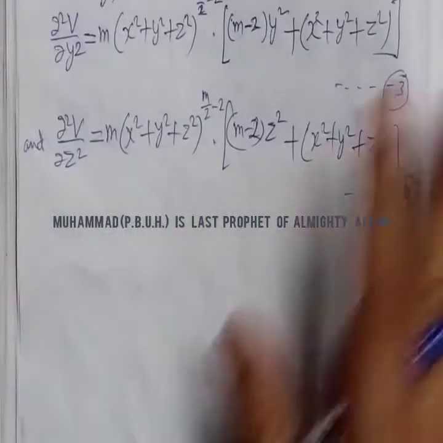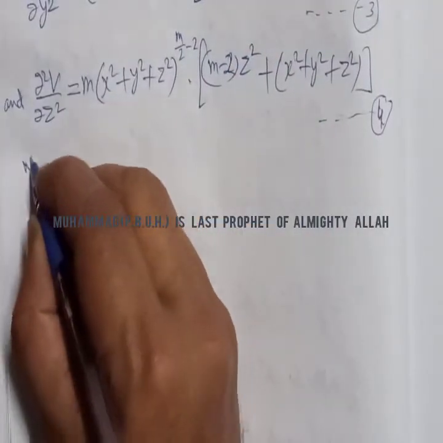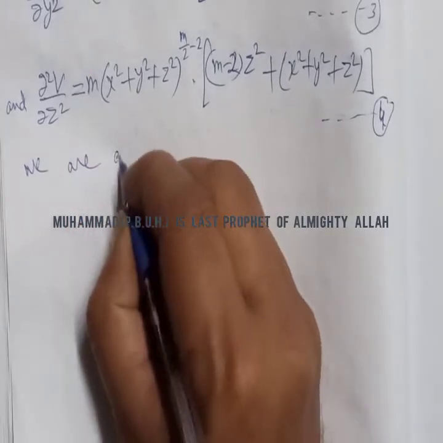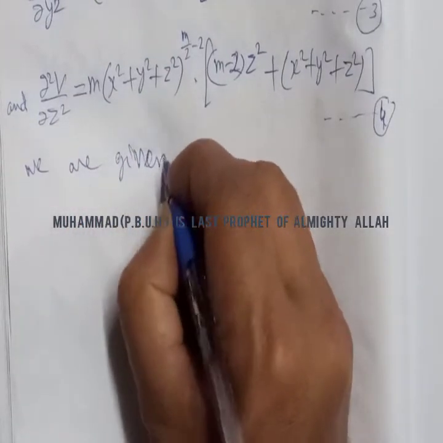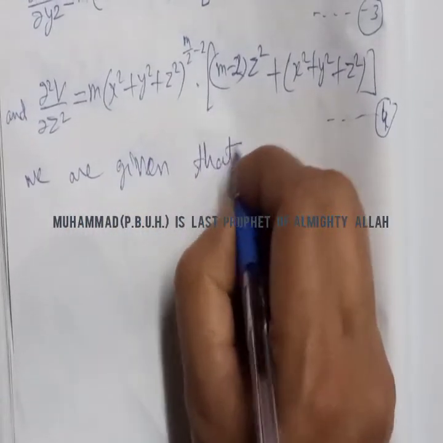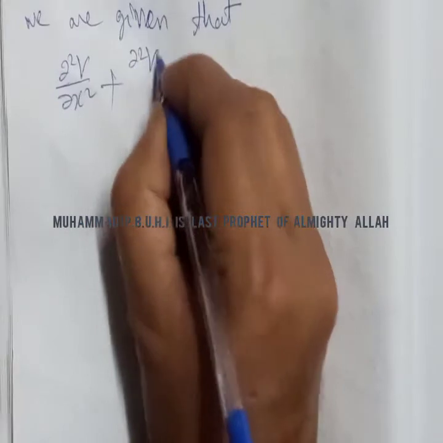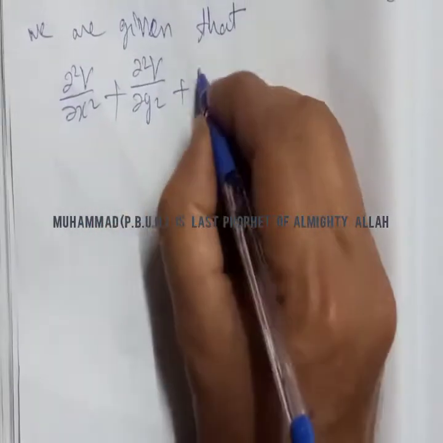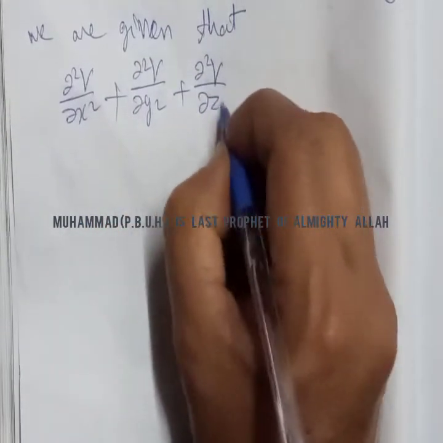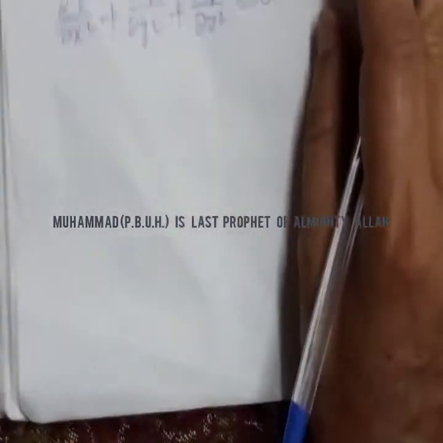We are given that ∂²v/∂x² plus ∂²v/∂y² plus ∂²v/∂z² is equal to 0.